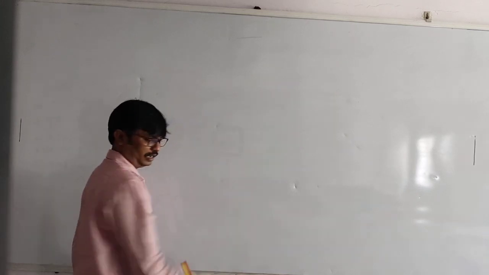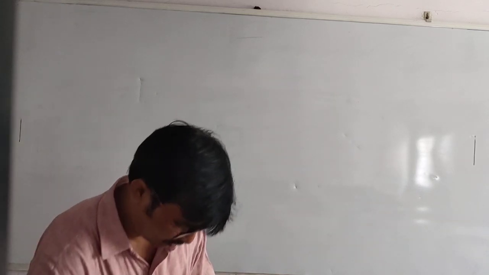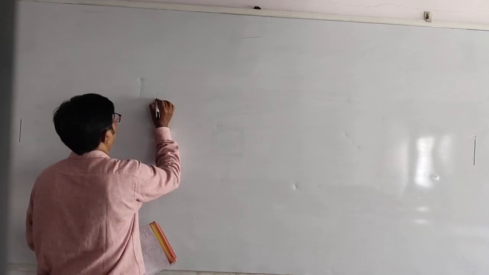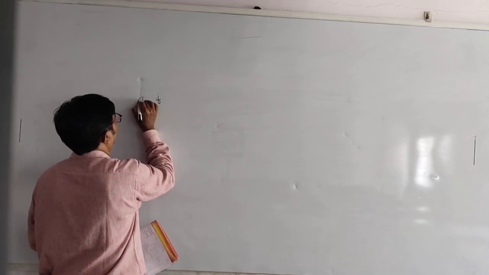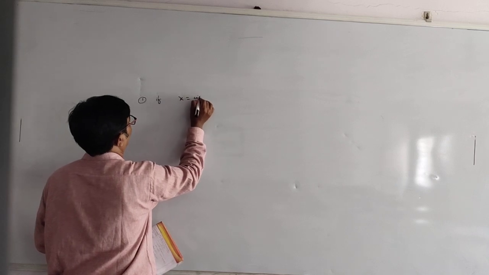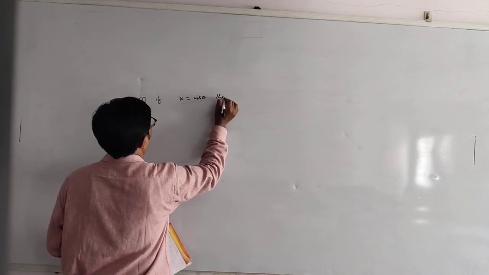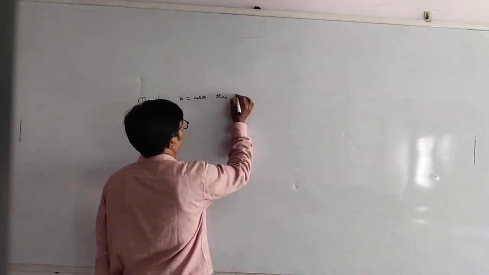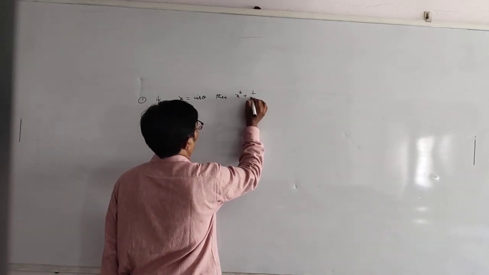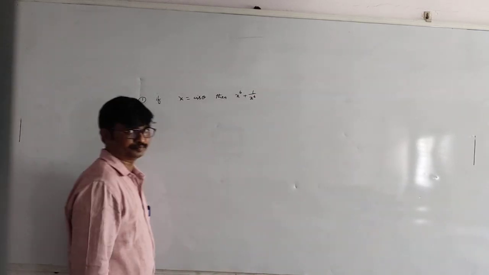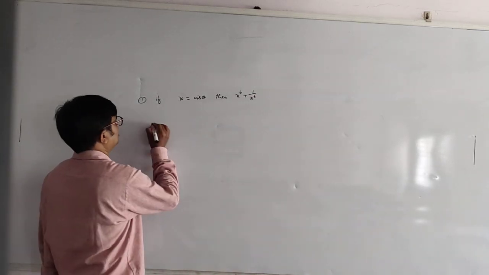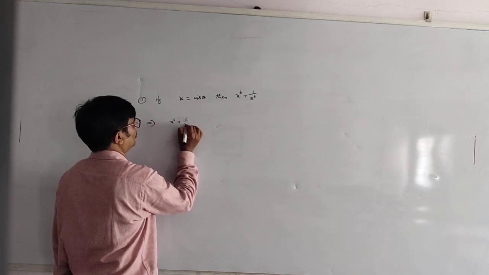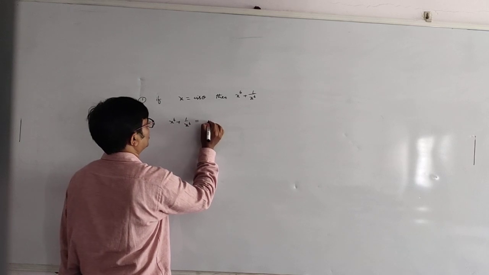Now students, I will take one question, that is, if x equal to cis theta, then find x power 6 plus 1 by x power 6. So students, we can write x power 6 plus 1 by x power 6.